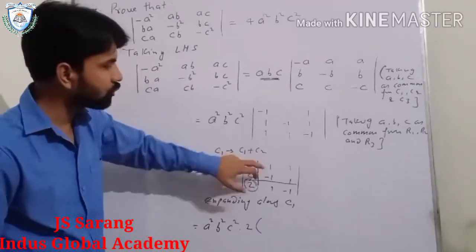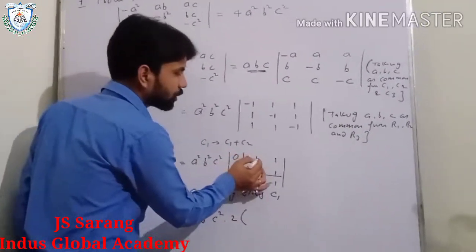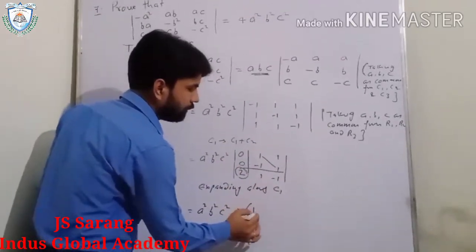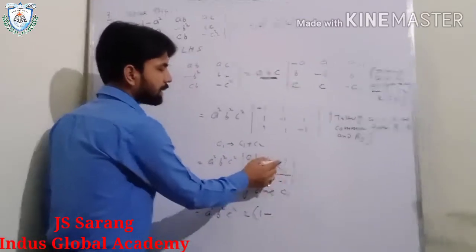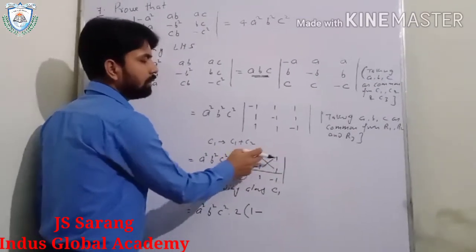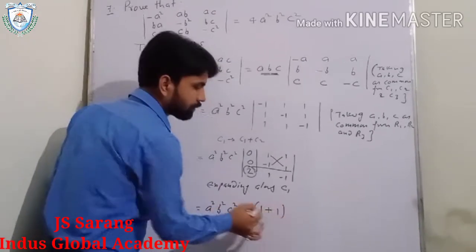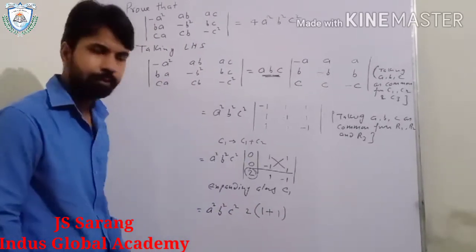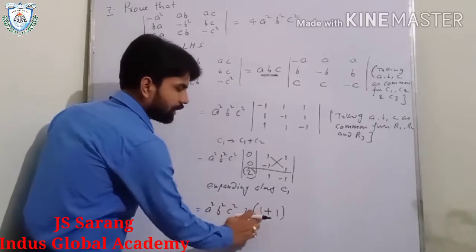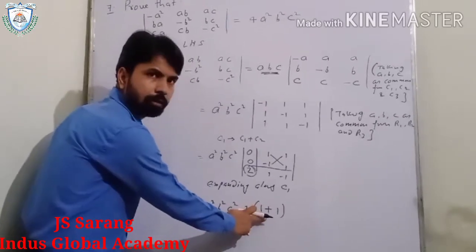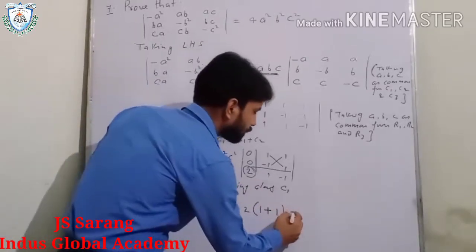We will solve this determinant by cross multiplication. This is multiplied by this: 1 into 1, that is 1, minus this into this. So minus 1 into 1, minus 1. Minus is already here, so it will be plus 1. Hope it is clear. Now see, 1 plus 1 is how much? 2. Or 2 is here, so 2 into 2 is 4.